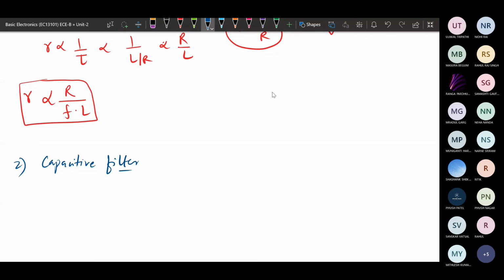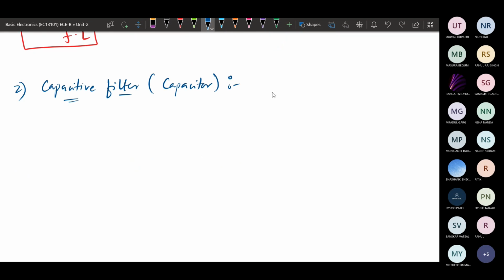Okay, capacitive filter, or a filter using a capacitance. In case of capacitance, the ZC value is given by 1 by omega C. That means it will be 1 by 2 pi f into C. From there, for DC we know f is 0.